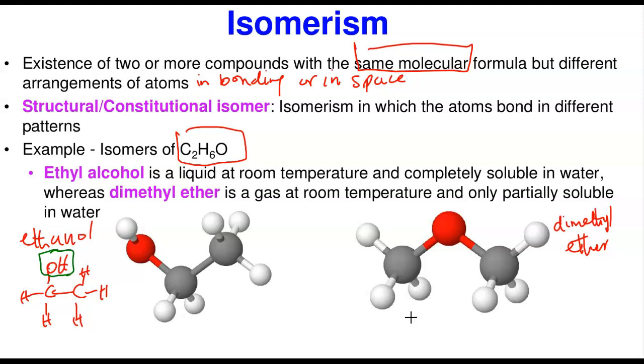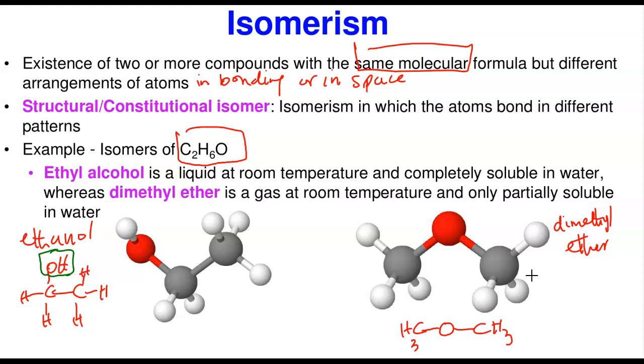Now, if I draw the full structure of ether, look at what I'm going to have. An ether has an oxygen in the middle, CH3 here, and another CH3. So you see the pattern of arrangement of atoms is different, despite the fact that they have a common formula of C2H6O. Now, like I said, this is an alcohol. It has a high boiling and melting point and better solubility in water.